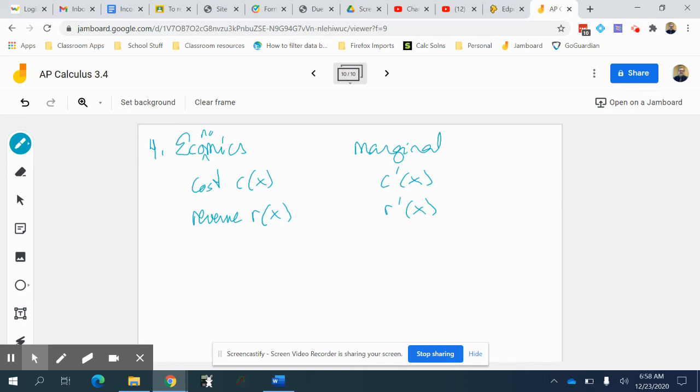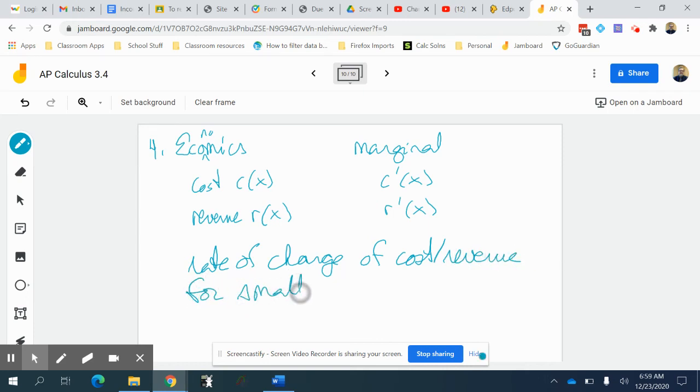And marginal is the rate of change of cost or revenue for small changes in your input, your production, whatever it is.